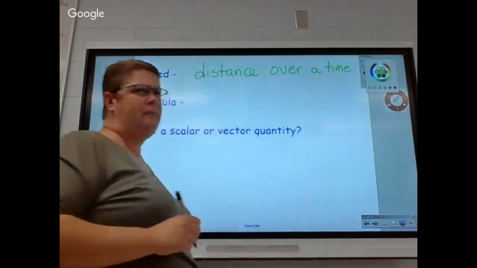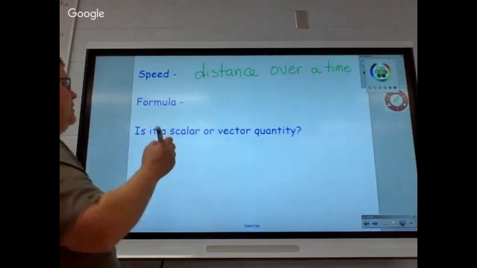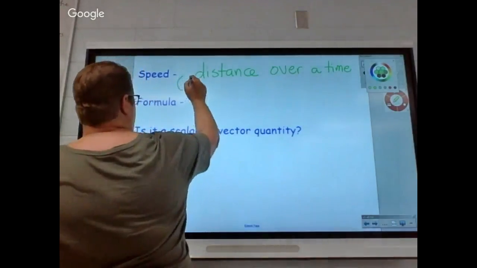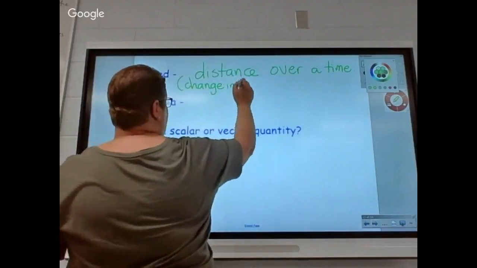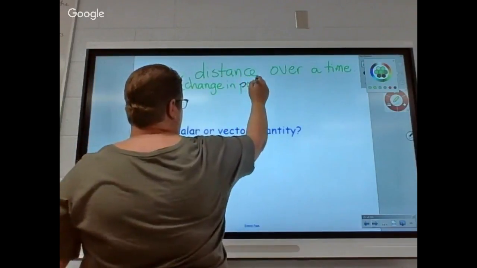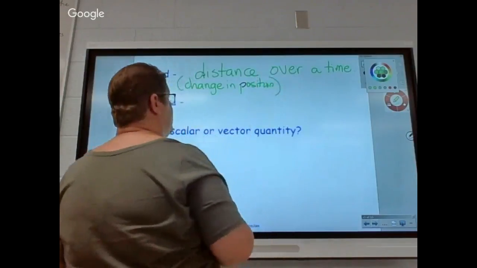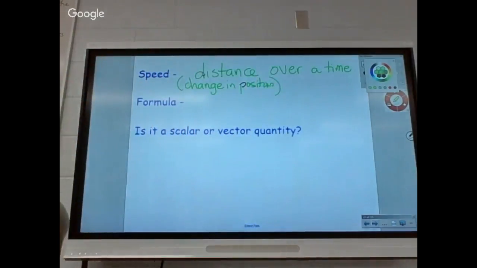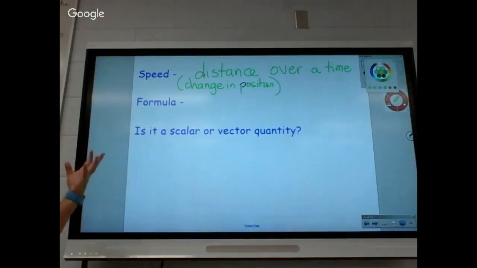Sometimes, instead of saying distance, some folks will say a change in position. So you could substitute the words change in position over time. It doesn't matter which way you say it. Distance or change in position means the same thing.